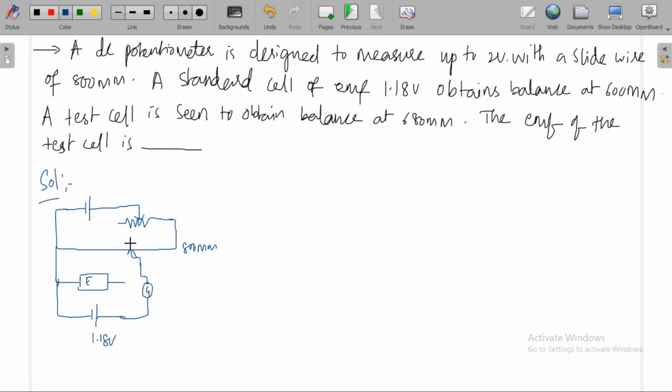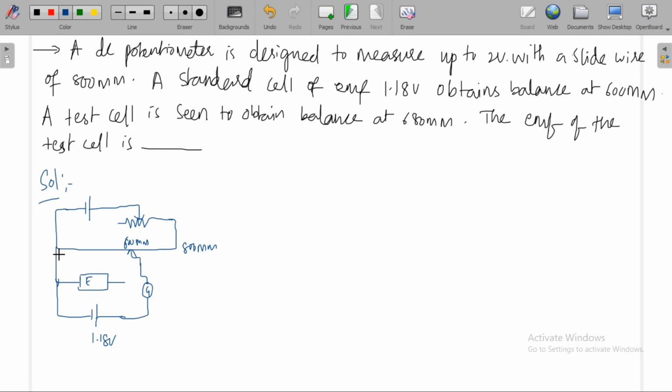Then placed at the 600 mm mark on the scale. The length of this wire is 600 mm now. The balance condition is obtained when it is placed at the 600 mm mark on the scale. So voltage across this will be equal to voltage across this.